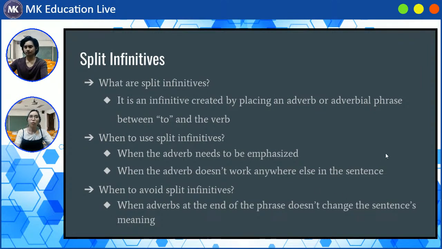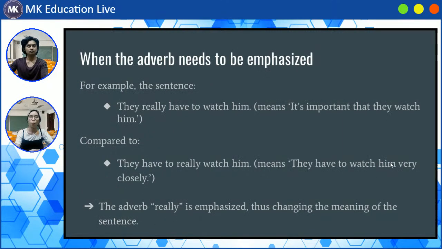So now let us talk about the uses of split infinitives. When the adverb needs to be emphasized, for example, the sentence, they really have to watch him. As you've noticed, the adverb is not placed in between to and watch. It means it's important that they watch him. So take note of the meaning. Compared to, they have to really watch him.